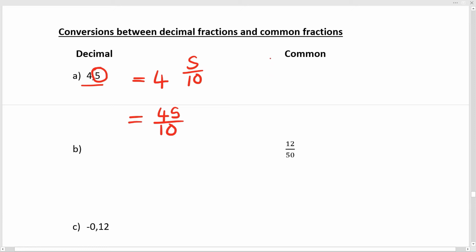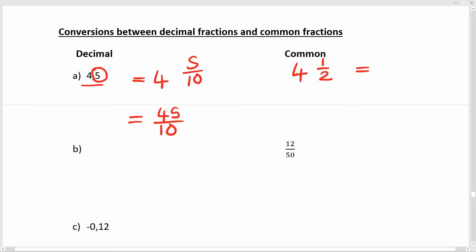And then the deal with getting it to a common fraction is it obviously needs to be in simplest form. So that would be 4 and 5 over 10, but what is 5 over 10 as simplest possible fraction? Well, it would be 1 over 2. So that would be 4.5 as a mixed number, and then to get it into simplest possible common fraction, you'd have to do the conversion.